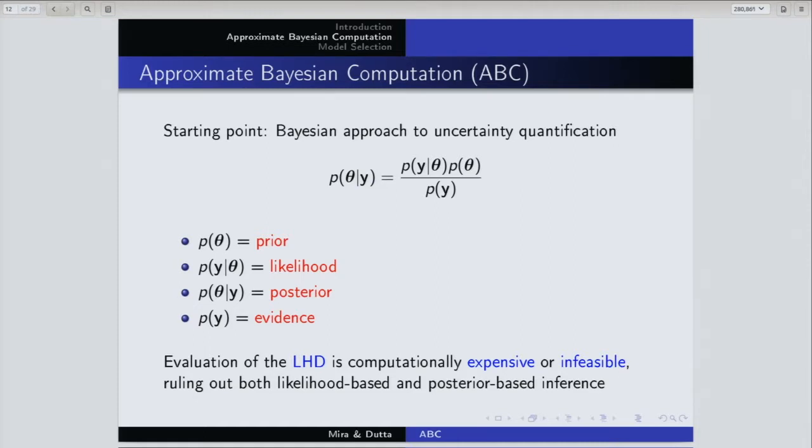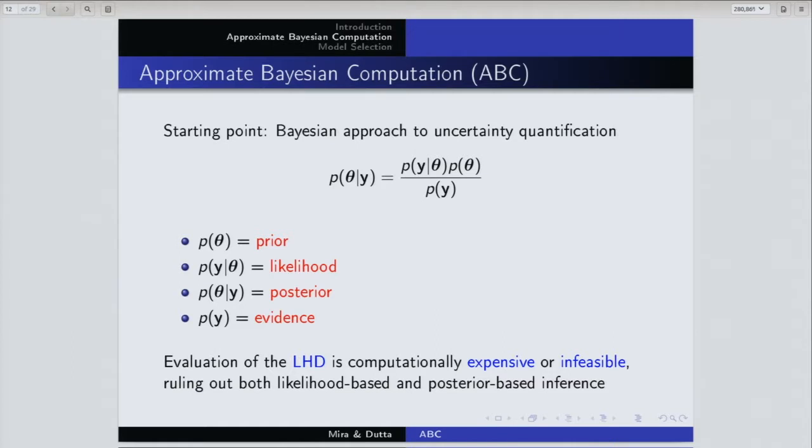This P of y is the integral of the numerator with respect to theta, so that this posterior distribution integrates to 1. Now, as I was telling you, if the likelihood is not available, the posterior is also not available in closed form. So we cannot do likelihood-based nor posterior-based inference. So today we will handle the situation where this is the case. The likelihood is not available, and therefore the posterior is not available.